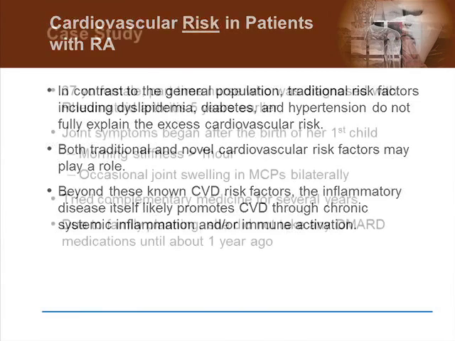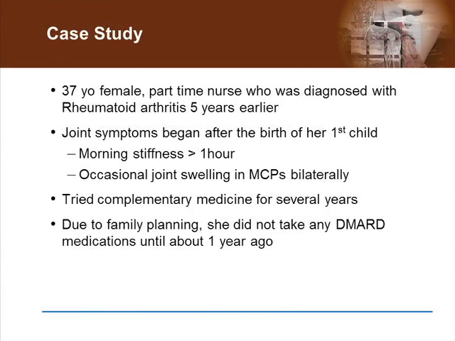So when we look specifically at cardiovascular risk in patients with RA, how does this contrast with the general population? In the general population, we look at things like cholesterol levels, diabetes, hypertension. However, if we adjust for all of these traditional risk factors, it still doesn't fully explain the excess cardiovascular risk in our RA patients.